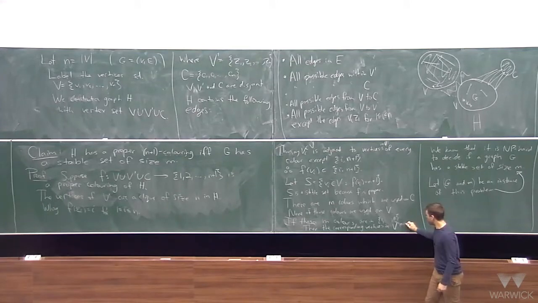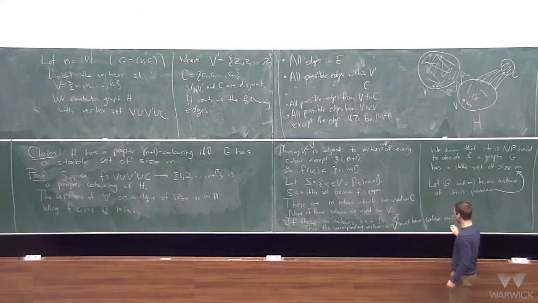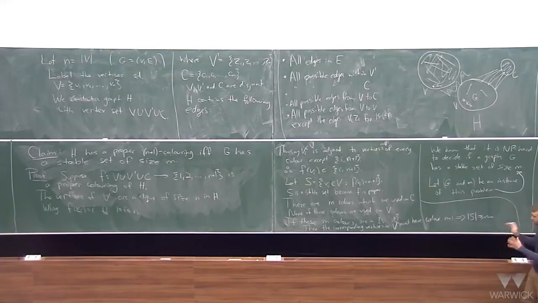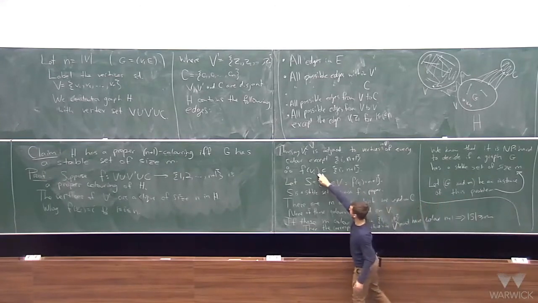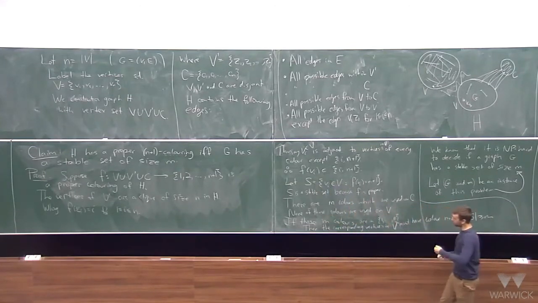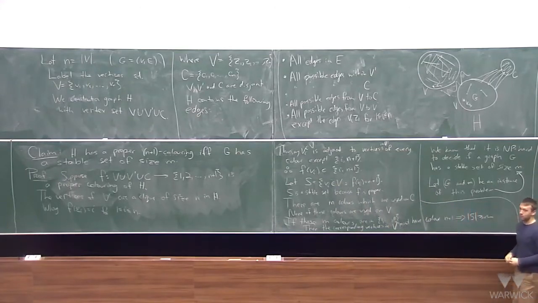Those must have color n+1, and that would imply that the size of S is at least M. Because there are these M colors that nobody in V can use, and we know these vertices in V only use either their corresponding color or n+1, there would have to be at least M using color n+1. And this S is exactly the set of vertices using color n+1.